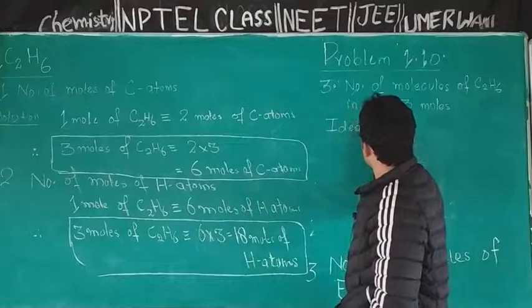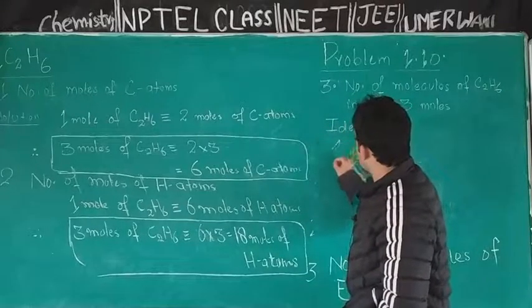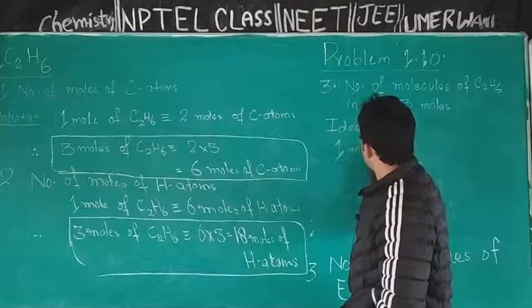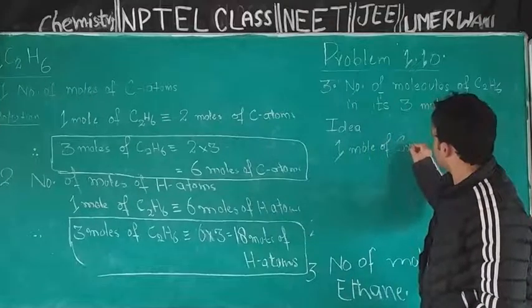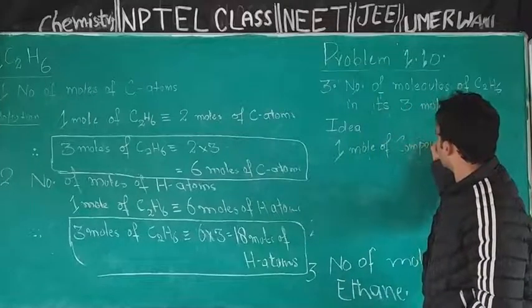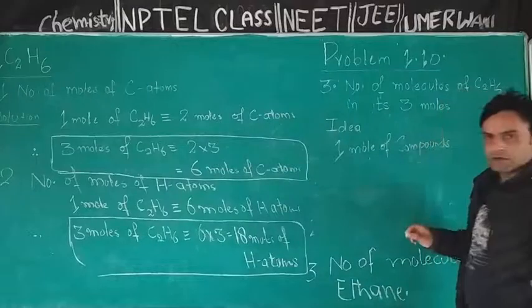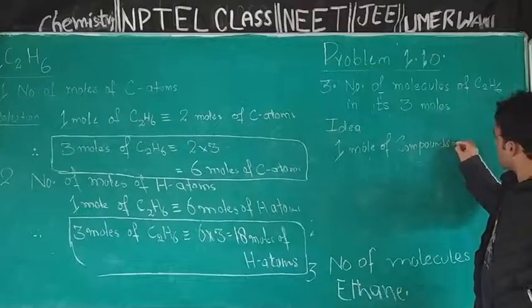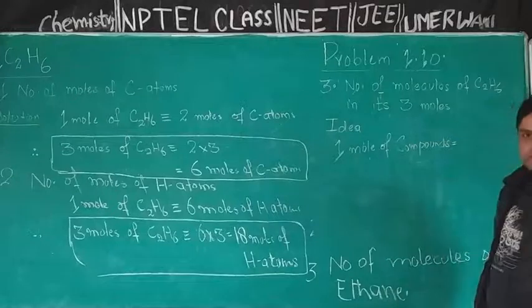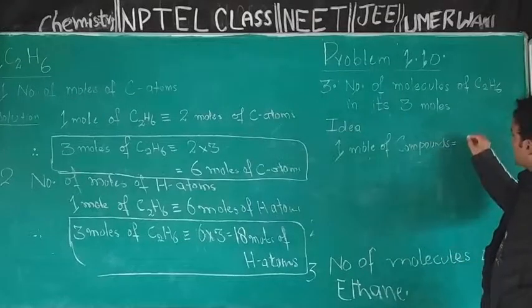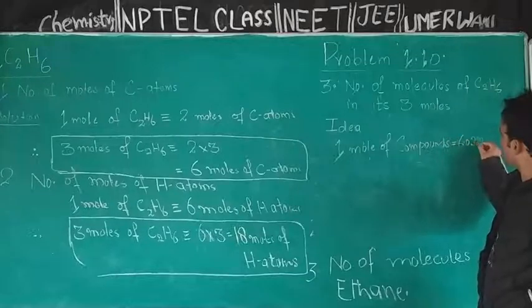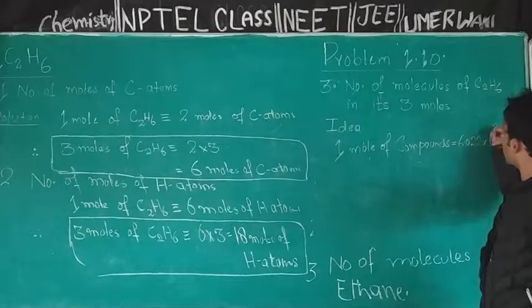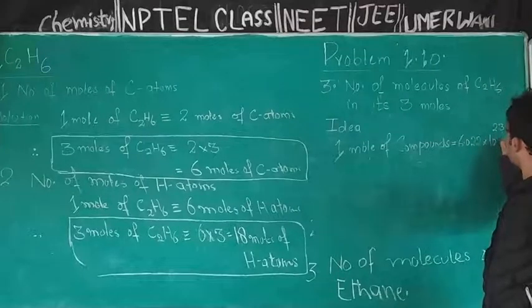So I will use this idea, that 1 mole of compound is actually equal to its 6.022 into 10 raised to power 23 molecules, Avogadro number of molecules.